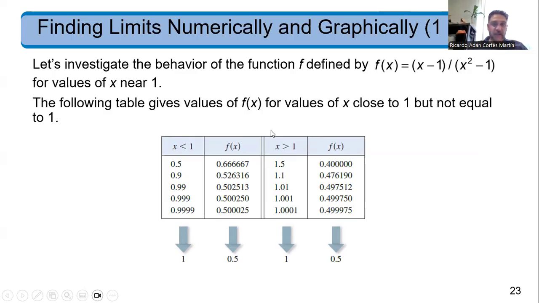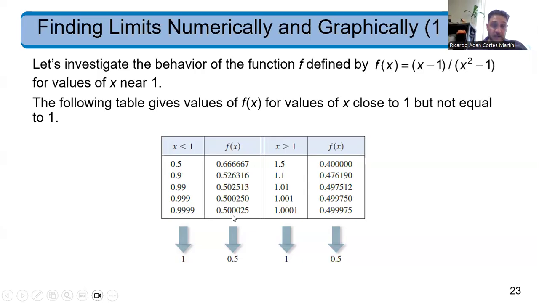Okay, so the problem is that if we substitute x equal to 1, we get 0 over 0, so it's not okay. But we can make a table for values below 1 of x and over 1 of x. So what are we going to get for the value of the function?